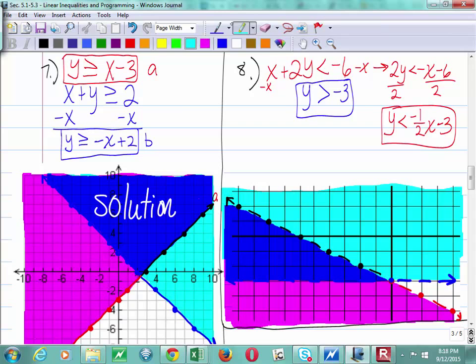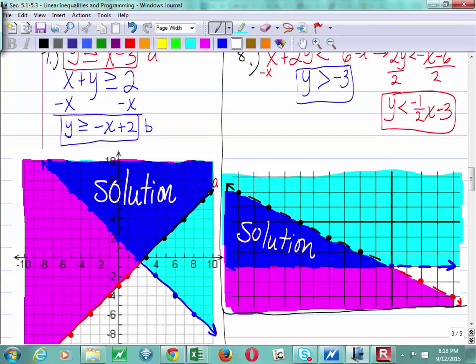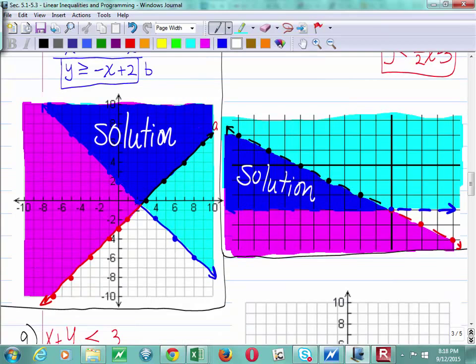And so this would be the solution. So when you're doing it on the computer, that would be the region that you would shade.